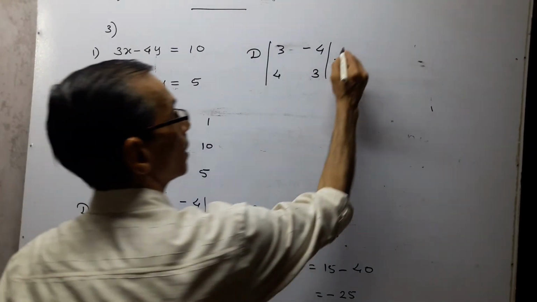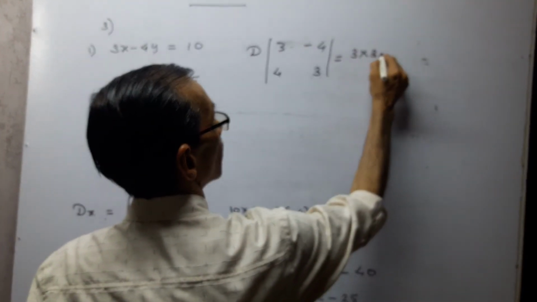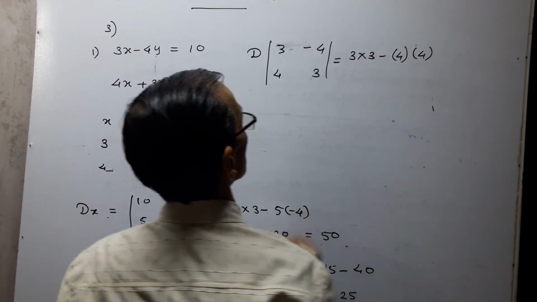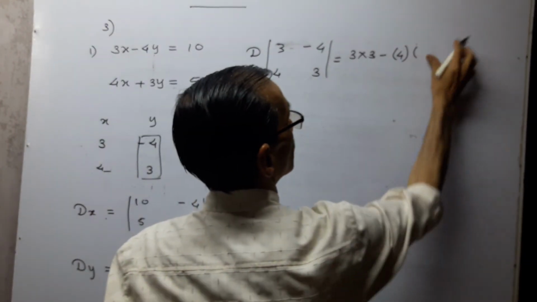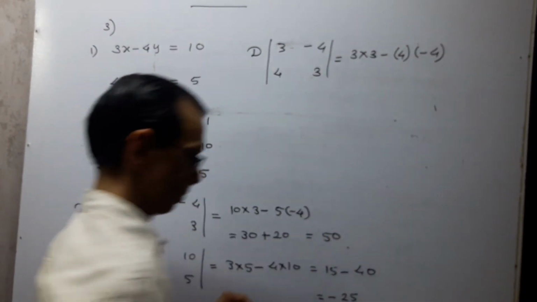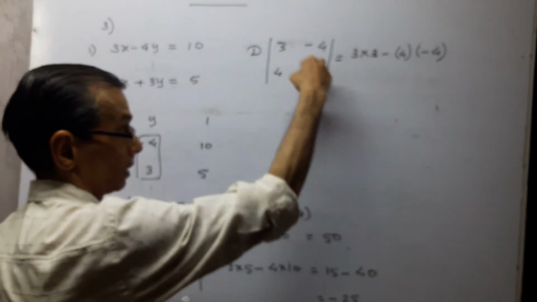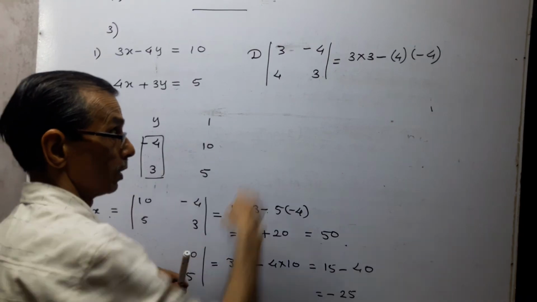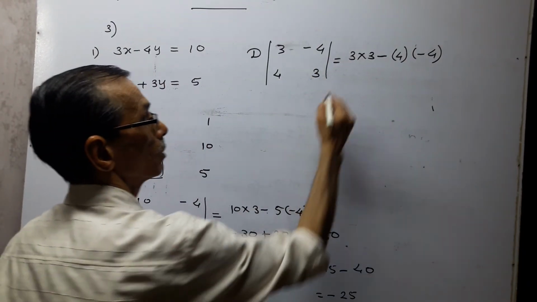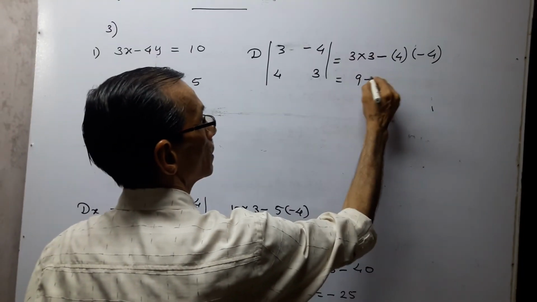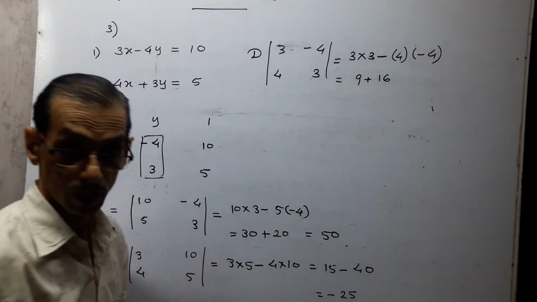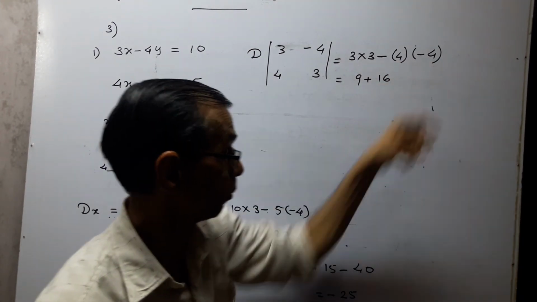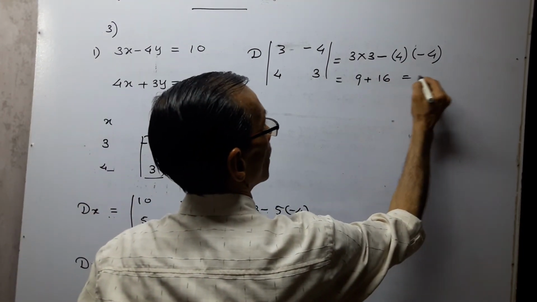That equals 3 3s are 9, minus into minus 4 into 4, as usual, minus into minus plus 4 4s are 16. That equals 25.